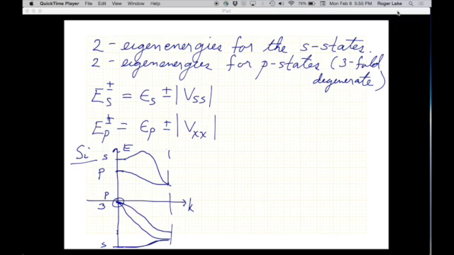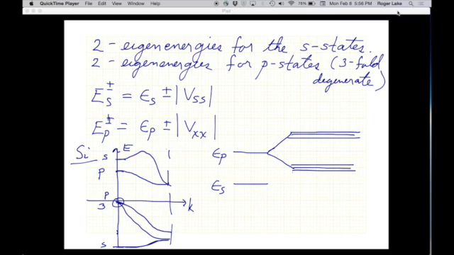And if we draw one of these energy splitting diagrams, it shows what happens when you bring your atoms close together. We start off with our s state, epsilon s, and epsilon p, and then we bring the atoms close together to turn on this off-diagonal coupling, and the p splits like this, and each one of these levels is 3-fold degenerate.